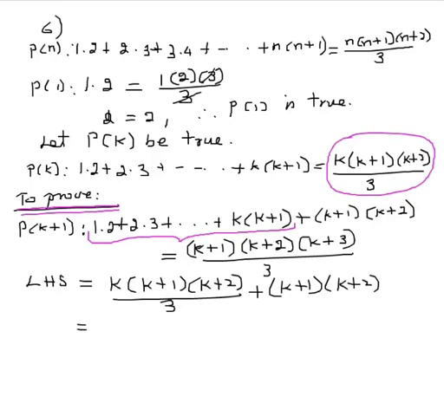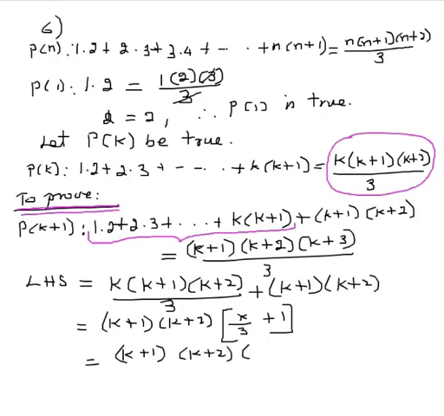Take out the common factors. The common factors are k plus 1 and k plus 2. So the first term becomes k by 3 and the second term is 1. Let's take LCM. And we get the right hand side. The simplification is so easy.